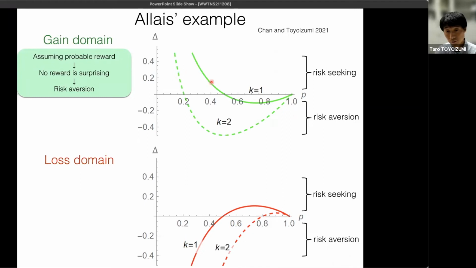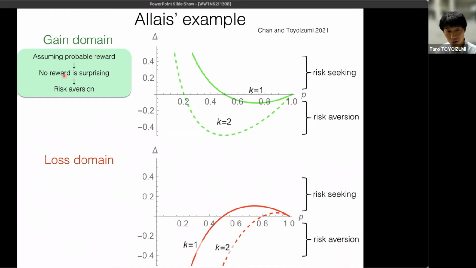So let's first talk about the parameter range around here, where reward probability is reasonably high. Around here, the subject is assuming a probable reward. And by assuming a probable reward, getting the reward is not that surprising.